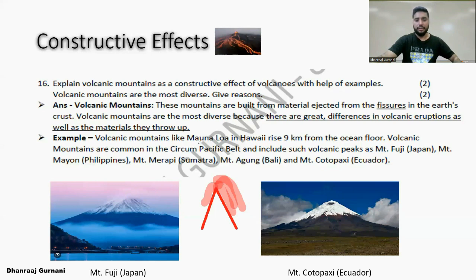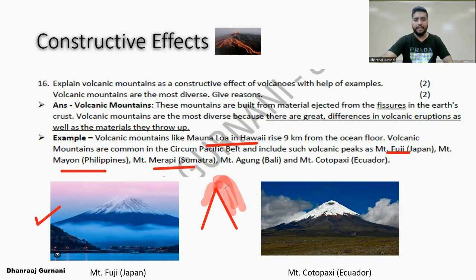Example, volcanic mountains like Mauna Loa in Hawaii. Mauna Loa in Hawaii rises 9 kilometers from the ocean floor. Volcanic mountains which are common in the circum-Pacific belt include Mount Fuji, Japan. Photo is here. Mount Mayon, Philippines.